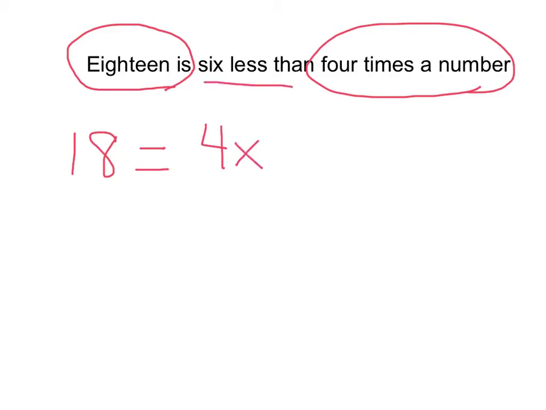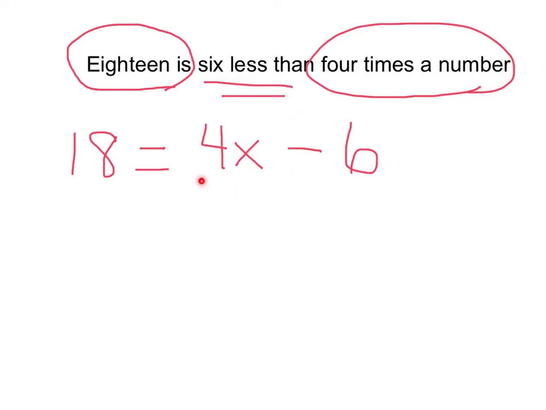And 6 less than 4x is going to be minus 6. So as we read it, it says 18 is 4x minus 6. 18 is equal to 4 times the number minus 6, or this is 6 less than 4 times the number.